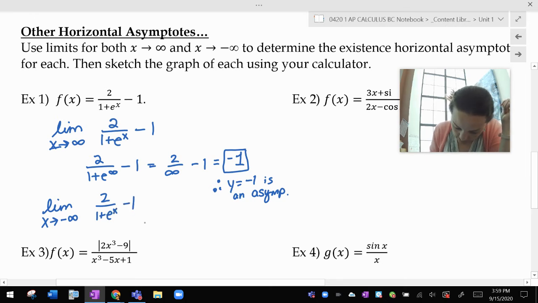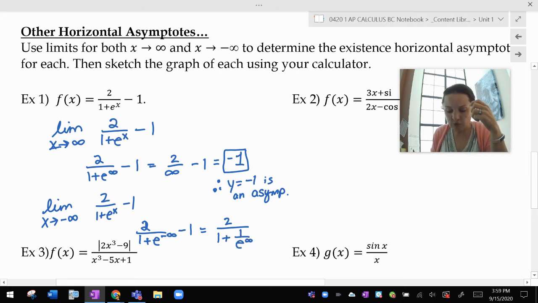Let's see. Well, that's going to be 2 over 1 plus e to the negative infinity. E to the negative infinity is 1 over e to the infinity, so that's going to be like 0. 1 plus 0 is 1. 2 divided by 1 is 2.